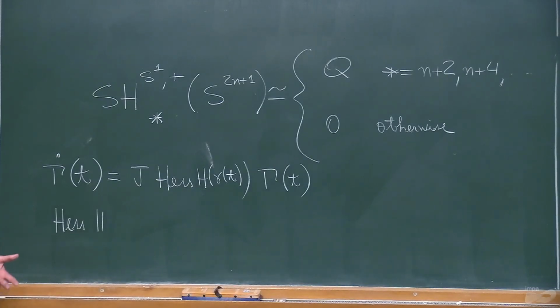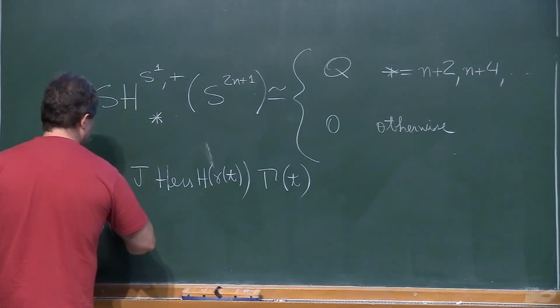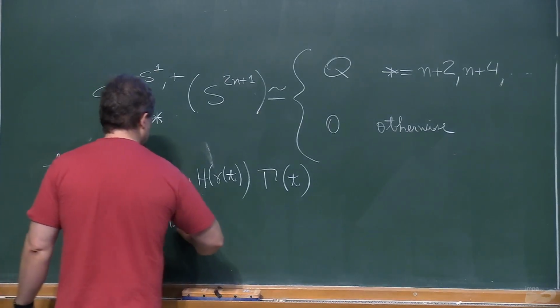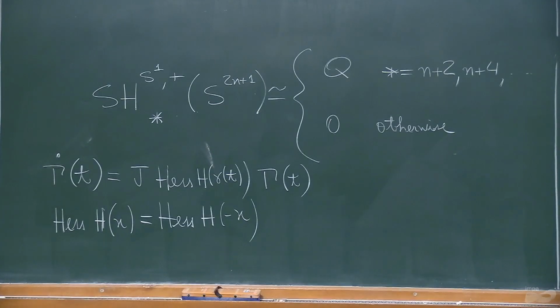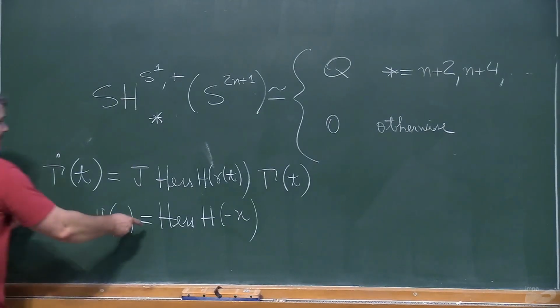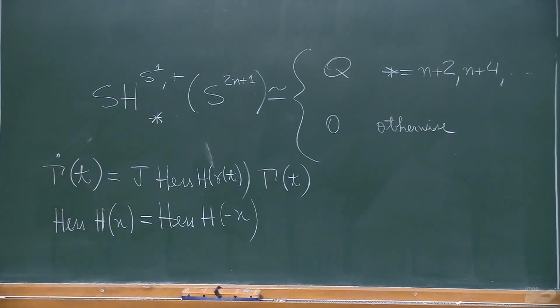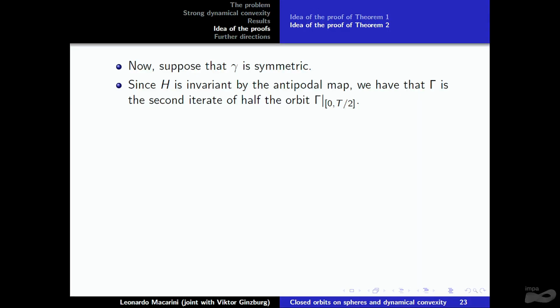But since H is invariant by the antipodal map, the Hessian of H at x equals the Hessian of H at minus x, because when you take the second derivative, you cancel the minus sign. So we have this relation, and this implies that for a symmetric orbit, the linearized Hamiltonian flow is the second iterate of the linearized Hamiltonian flow along half the orbit. That's the point. Okay?